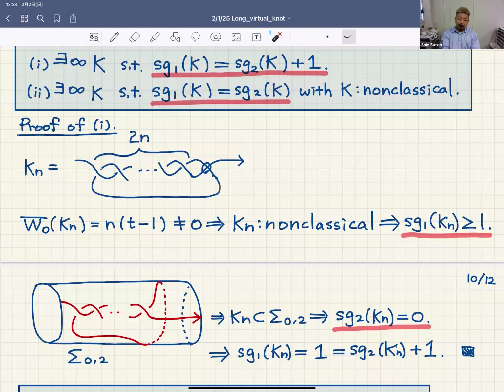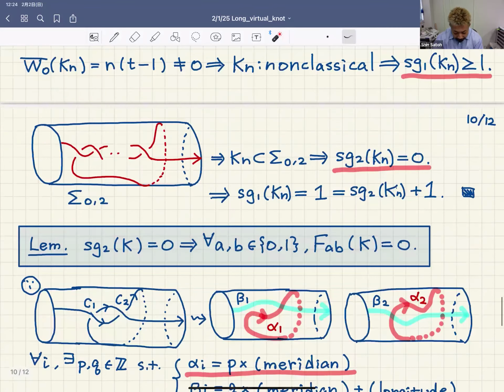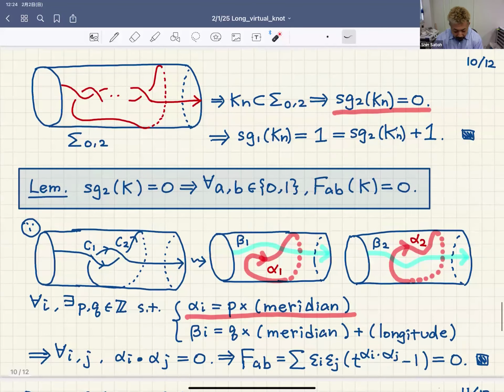To give the proof of the second assertion, we prepare one lemma as follows. If the two supporting genus of a long virtual knot Kn is equal to 0, then the intersection polynomial FAB is always equal to 0 for any AB.